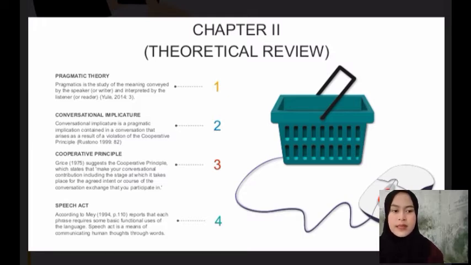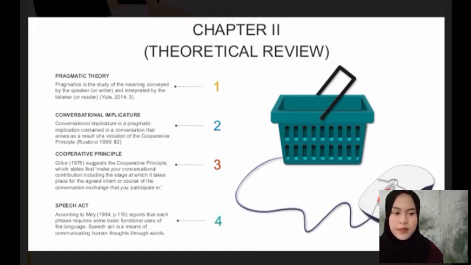Pragmatics is the study of the meaning conveyed by the speaker and interpreted by the listener, as stated by Yule, 2014, page 3. While conversational implicature is a pragmatic implication contained in a conversation that arises as a result of violation of the cooperative principle, as stated by Rustono in 1999, page 82.